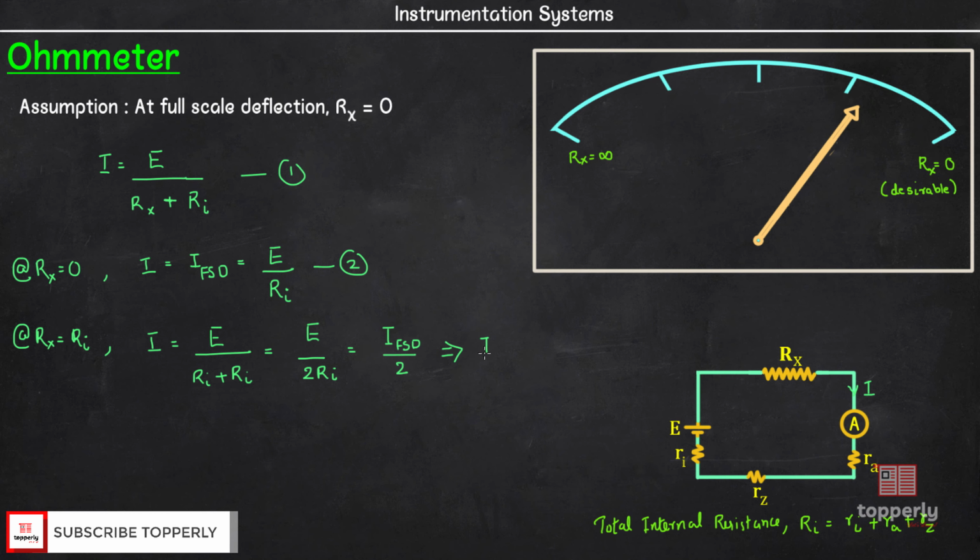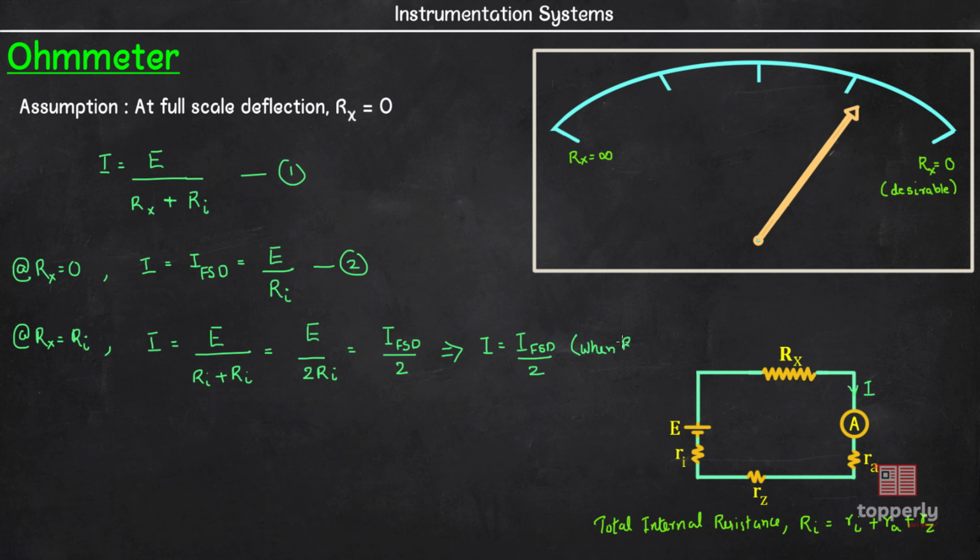So finally we get I equal to I full scale deflection by 2 when Rx is equal to Ri. Therefore, when Rx is equal to Ri, the deflection will be half the full scale deflection. This means that the pointer will be at the center of the scale. So we can mark the center point as Rx equal to total internal resistance Ri.